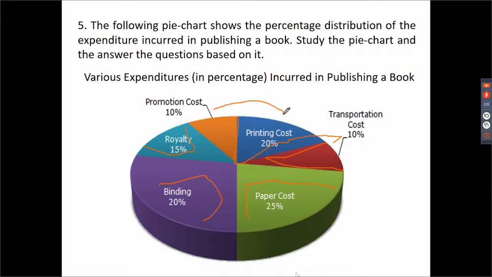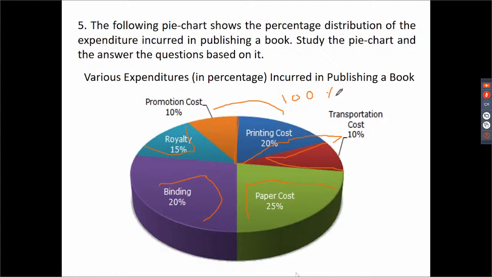Whenever it is a circle, the total angle is 360 degrees, and in terms of percentage, it is equal to 100%. 360 is equal to 100%. 50% is equal to 180 degrees, like that.